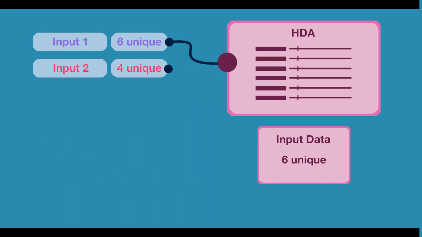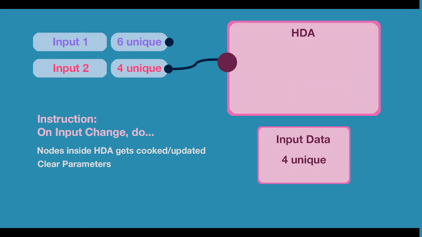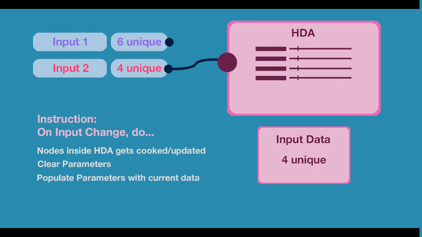Instead, what we would want is, upon switching, the HDA should first grab the data and process it. Then we clear the parameters, and then we populate the HDA with the newly processed data. So now we've got it all figured out. Let's go back to Houdini to implement that.